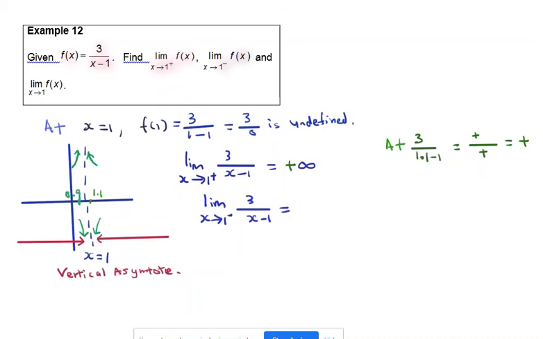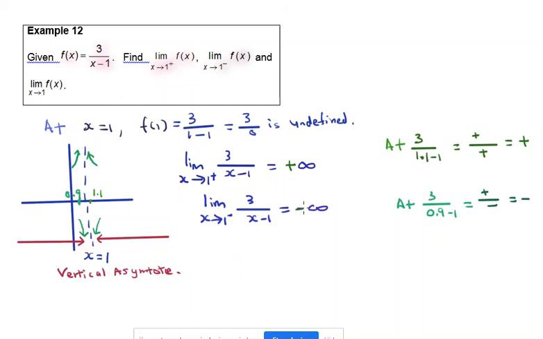The answer will always be infinity, so we have to determine the sign. We can substitute 0.9: 3 is positive, and 0.9 minus 1 is negative. Positive divided by negative is negative.